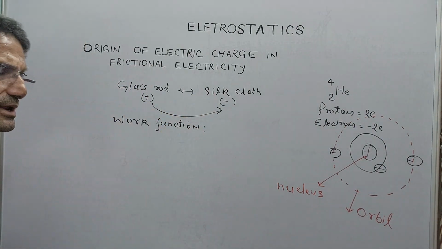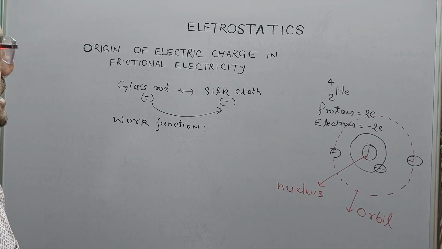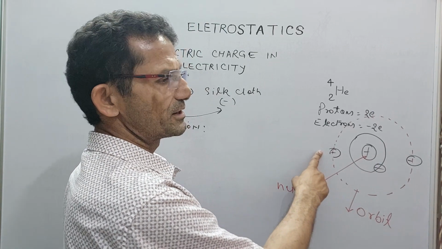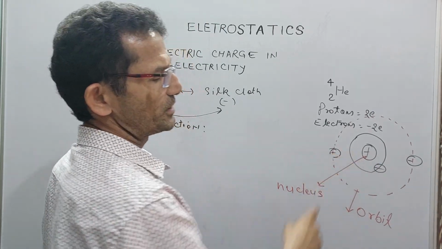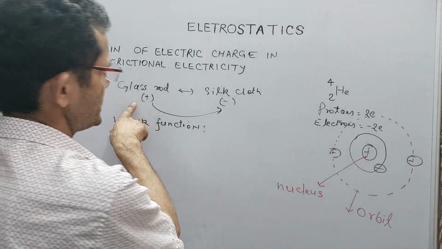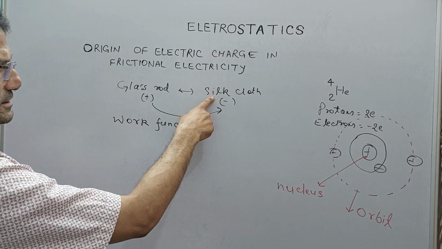Glass rod and silk cloth have different work functions. Work function means the minimum energy required for the electron to come out of the pull of the nucleus. The glass rod has a smaller work function than the silk cloth.